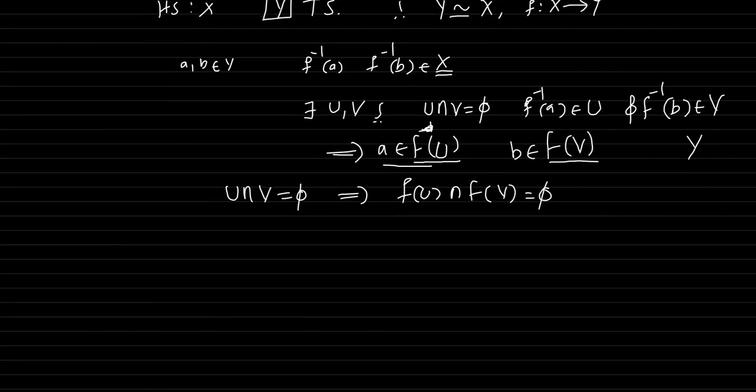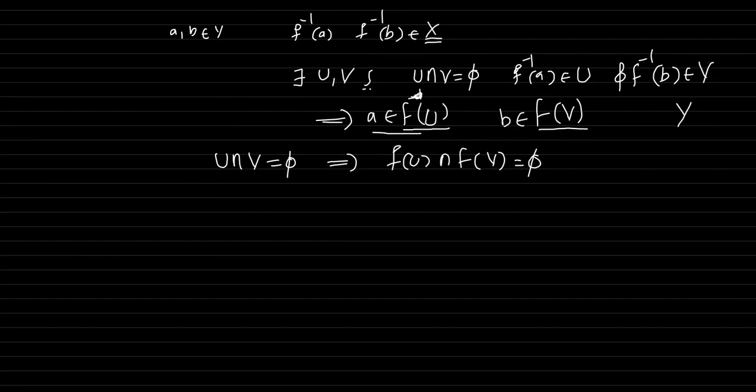Therefore, f of U and f of V are two disjoint open sets in Y which contain the points A and B respectively. So for any two points A, B in Y, we can find such a pair of open sets. Therefore, Y is a Hausdorff space. So we can say that if a space X is Hausdorff, then every space Y which is topologically equivalent to X is also a Hausdorff space.